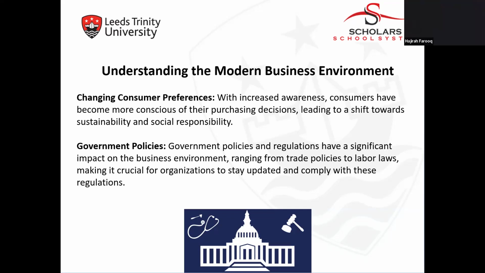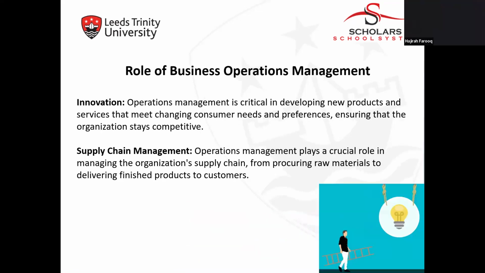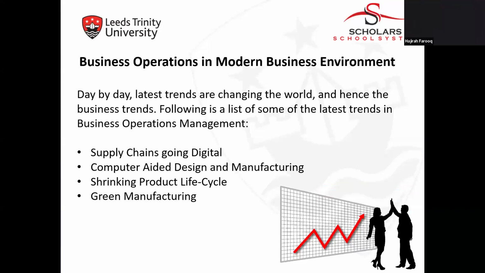The government policies are changing as well, and the operations management departments of any organization now more than ever focus on efficiency more than anything. The quality control has to be superior now. The innovations have to be really fast paced now. Supply chain management has to be very efficient. These are the things that we really need to take care of in the modern business environment.